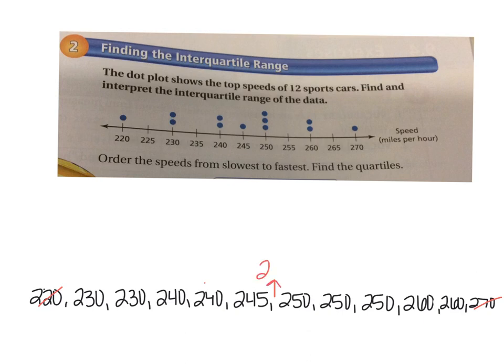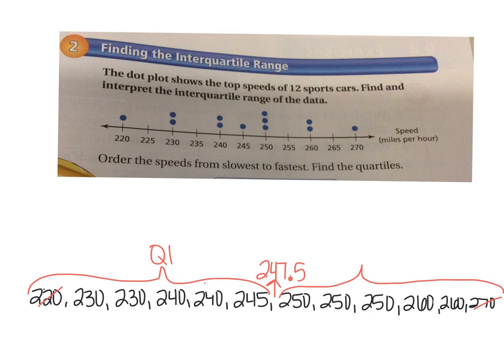If I add them and divide by 2, I get 247.5. So my median is 247.5, which means that everything below 247.5 is my Q1, or my lower half, and everything above 247.5 is my upper half, or my second quartile.